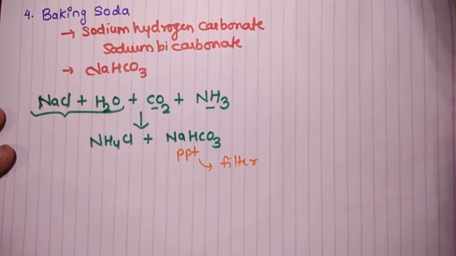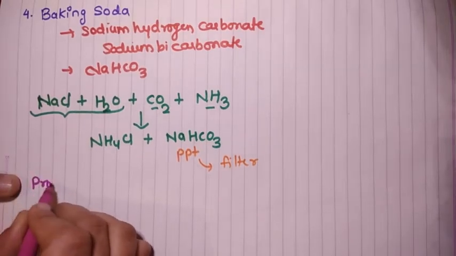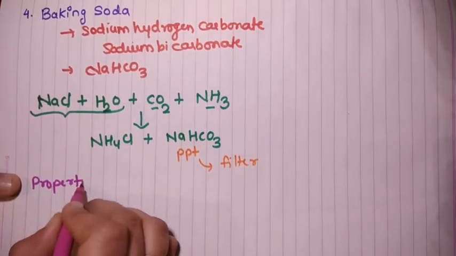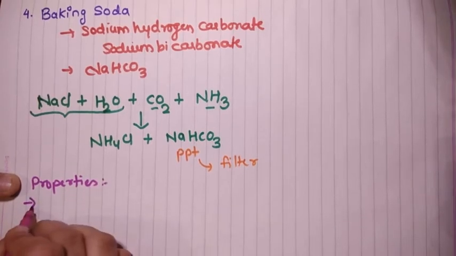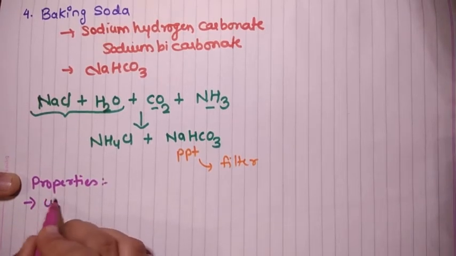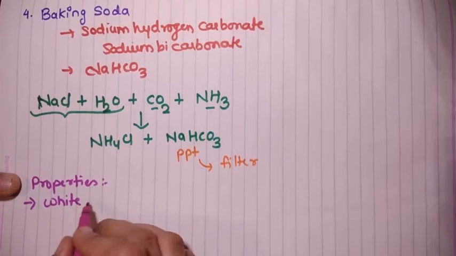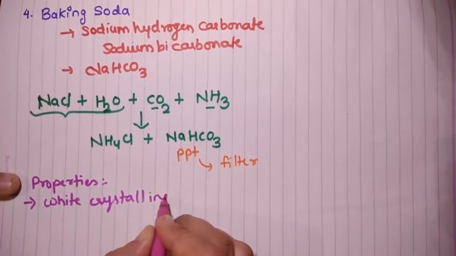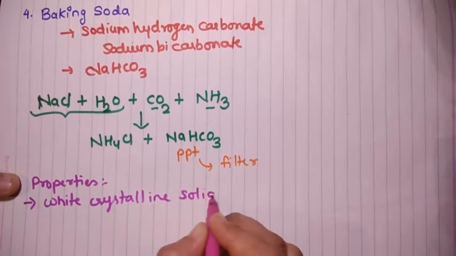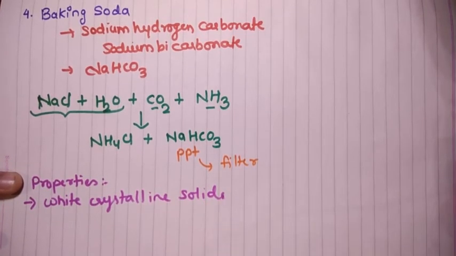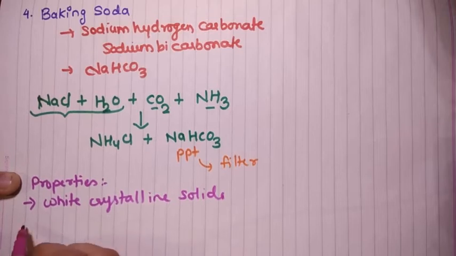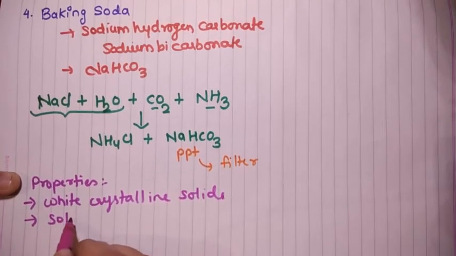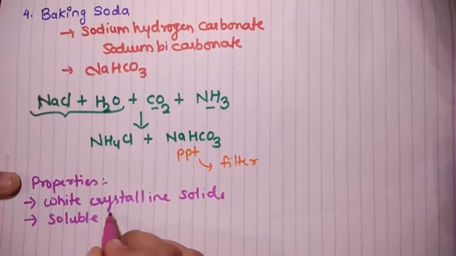Now if we talk about the properties, it is a white crystalline solid. If we see the crystals of baking soda, we find it as a white crystalline solid. It is soluble in water at room temperature also.